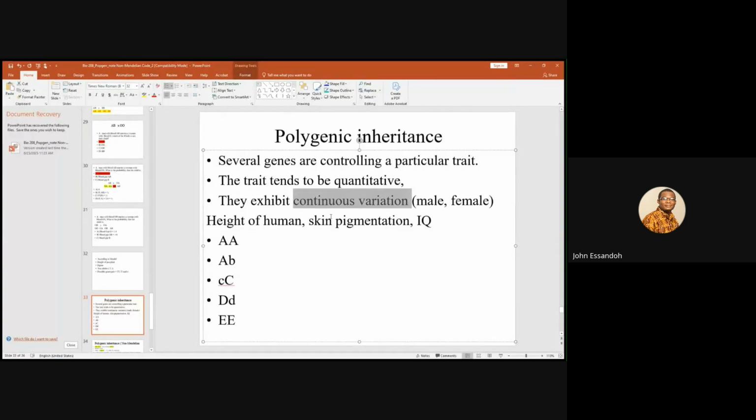So you can see that these follow continuous variation. You can get some people in the population who are exceptionally brilliant, and people who are dull, very weak. And if you take height, you can get people who are very tall and people who are very short.